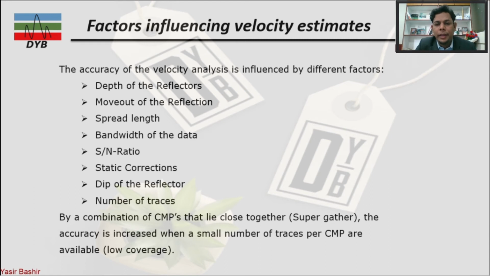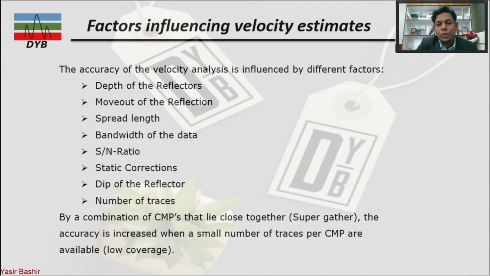If you have a very big offset, obviously you have a big NMO effect, and you will probably be confused between the hyperbolic move out and the diffraction hyperbola. Another factor which influences the velocity estimation is the bandwidth of the data. If you are using low frequency or high frequency, it has a different effect on the velocity analysis.